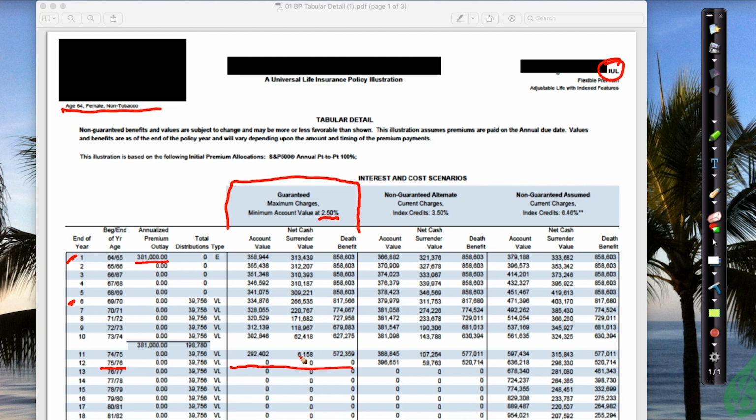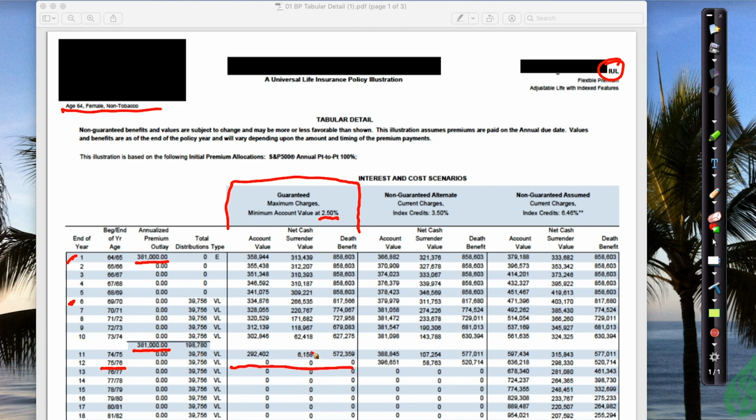All right, so let's take a tally of how much she actually is out for the policy at this point. She paid in $381,000 total. And then from year 6 to 10, she got $198,000, let's just call that $200,000 of loan from the policy. Then she got about another $40,000 in year 11.